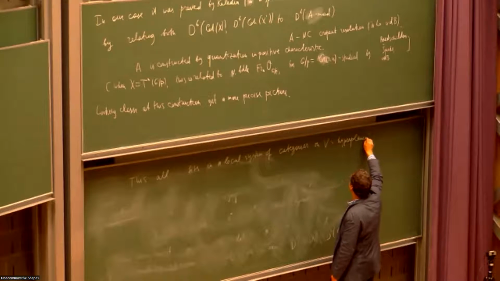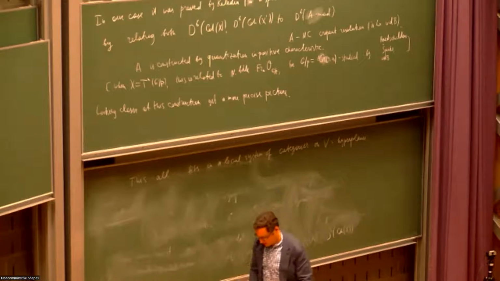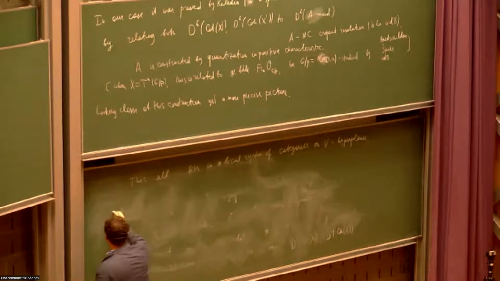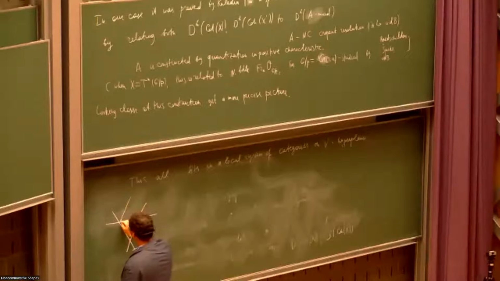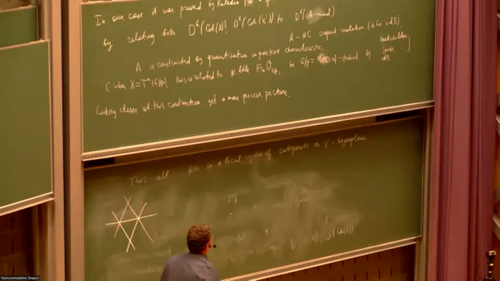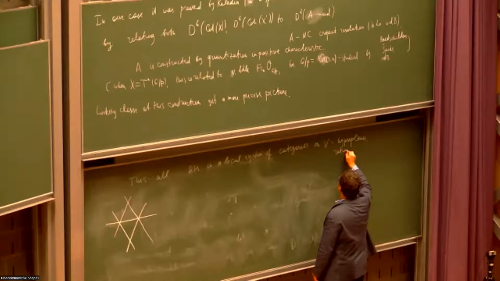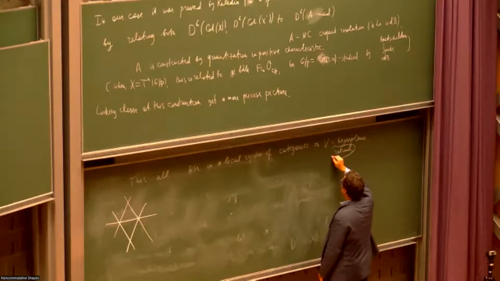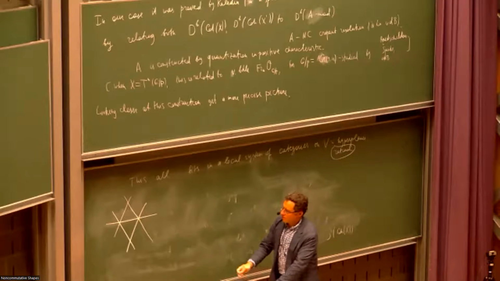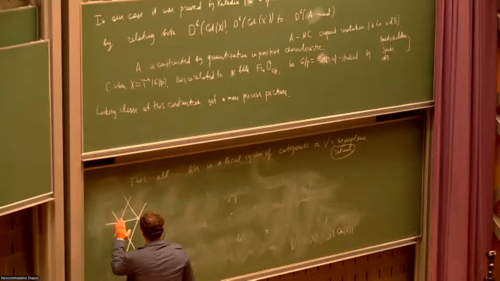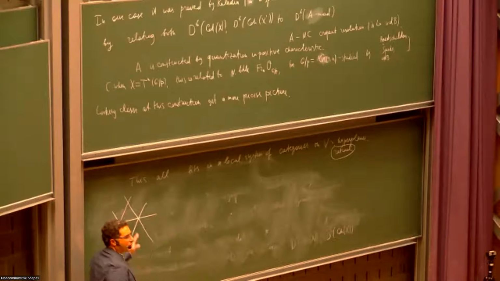So in a special case, this can be a configuration of affine root hyperplanes, rational hyperplanes. And this is some periodic configuration, discrete and translation invariant under the translation of some lattice.